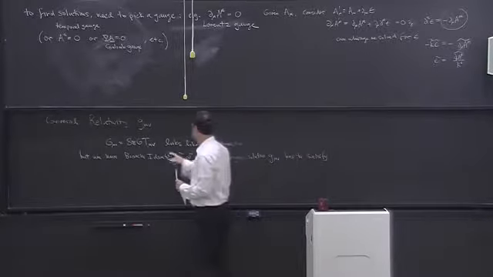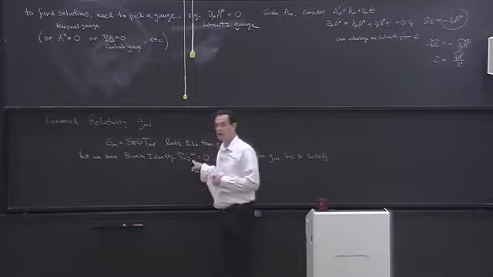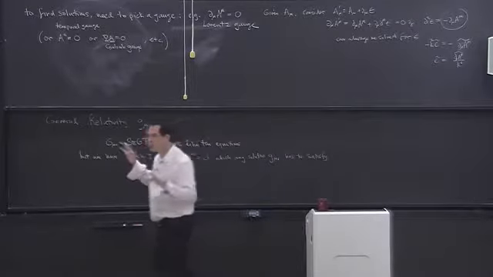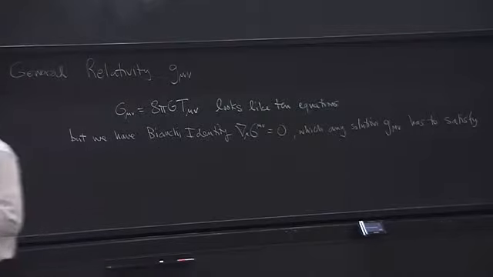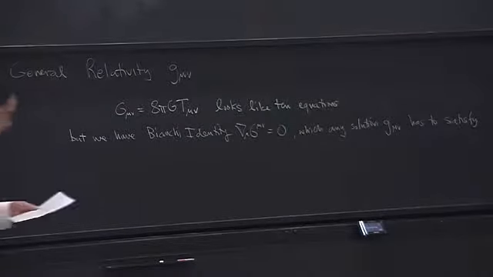And so these are 10 equations. This is 4 equations. So whatever G mu nu I find, it has to satisfy 4 equations. So there really were only 6 free solutions available.